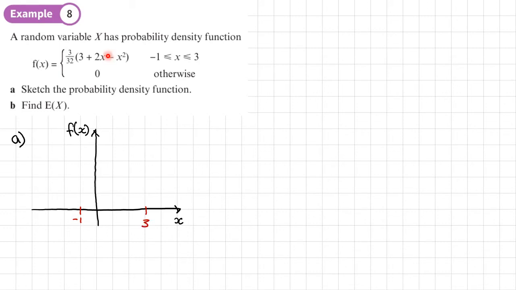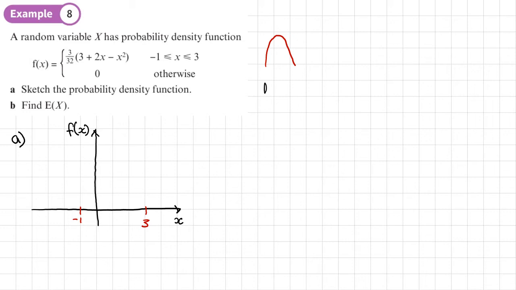Because there's a negative there, we know it's going to be an n-shaped quadratic. It would be useful to know if there's a maximum between these two and where that maximum will be. There are different ways of doing it. I'm going to find the maximum by doing differentiation.